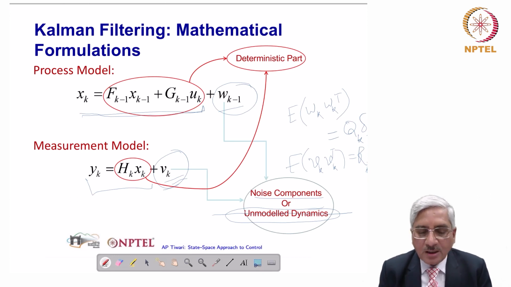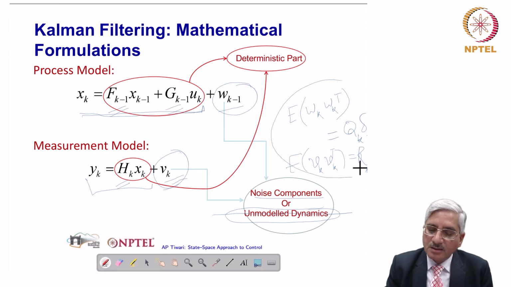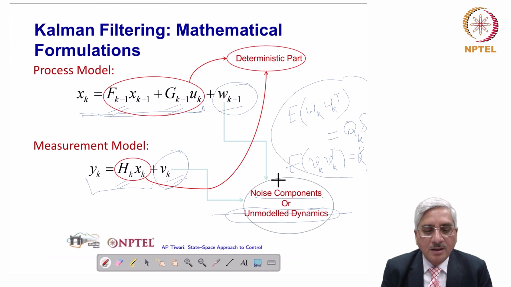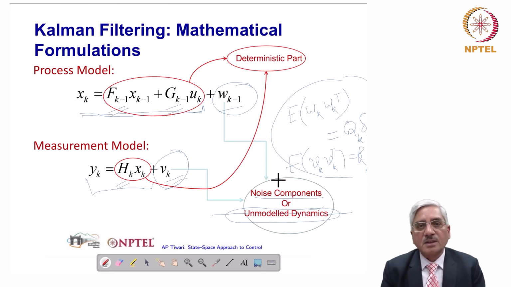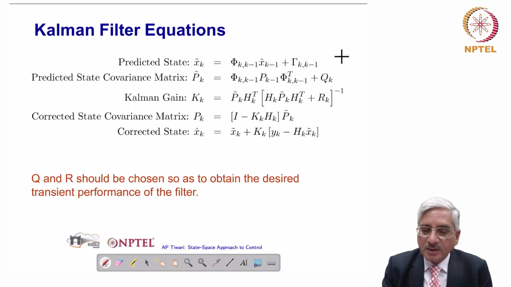So we have the knowledge of the system matrix, the input matrix, the output matrix, and characterization of the noise terms as regards the Kalman filtering for estimating the states of the system. These are the equations.